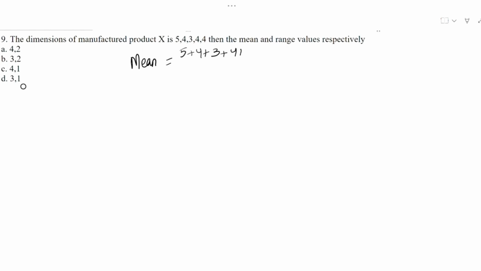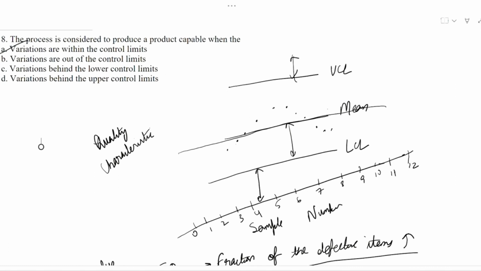This is 5 plus 3 plus 4 plus 4 plus 4 divided by the total number of observations, 5, which is 4. Range is the highest value minus the lowest value, 5 minus 3, which is 2. So the correct option is 4 and 2. In the previous question, the correct option was variations are within control limit.